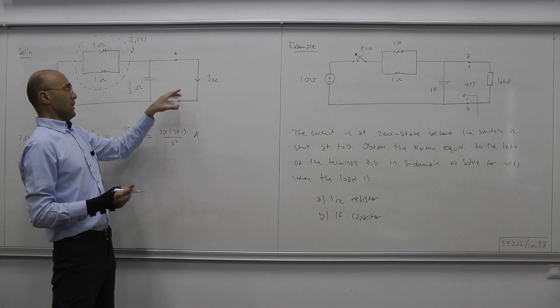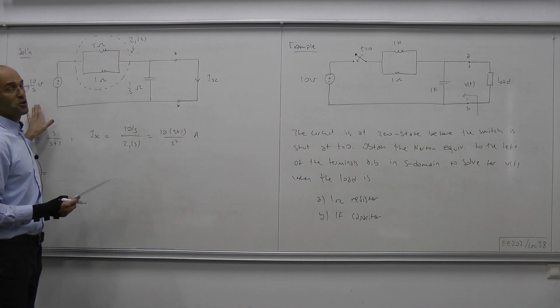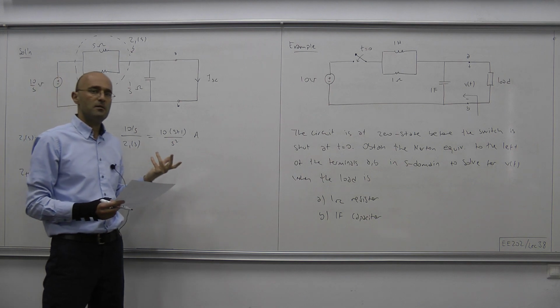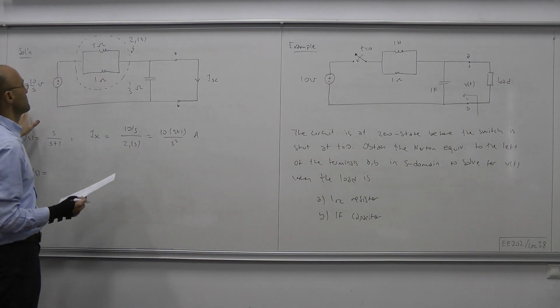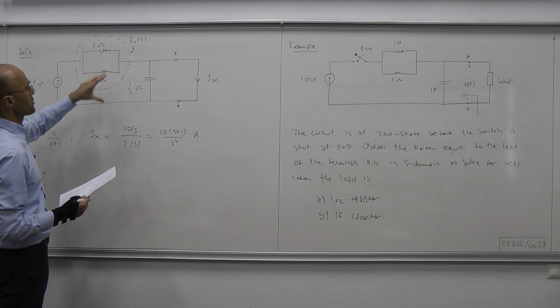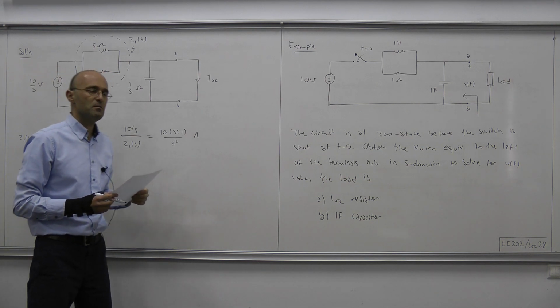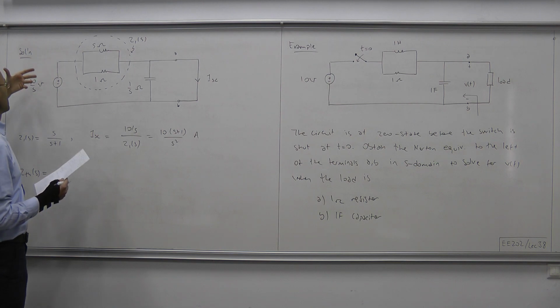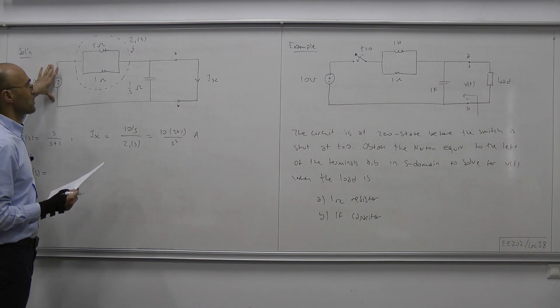What you do is you kill all the independent sources inside the one port, and then you figure out the equivalent impedance. In this case, that seems to be a reasonable way to approach because the structure of the circuit is quite simple.